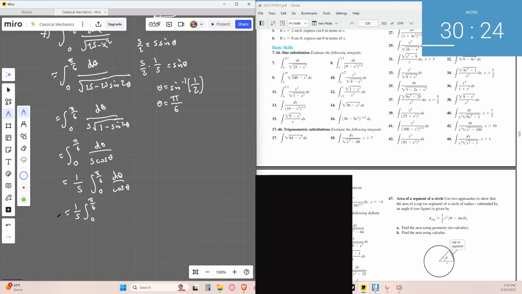This. So sine. No, I mean cosine. Sorry. And we reduce that.